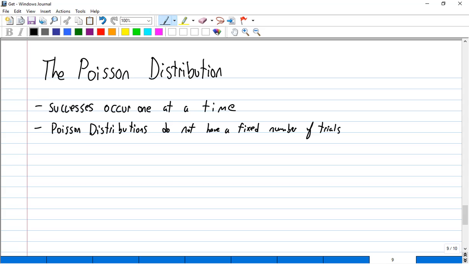But the probability that I can flip a coin for 1 hour and get 5 million heads, it's not going to happen. But I could still try to figure it out. It would just be a probability that would be super close to 0, so close that it would probably be 0. Okay? So that's the biggest deal. There's not any limit, theoretically, on the number of trials, but a large number of trials is not very likely. All right.